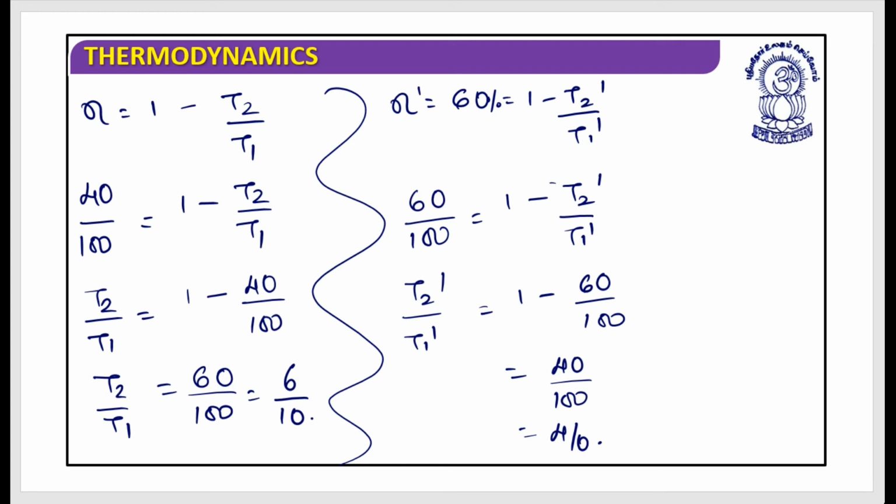So T2 dash divided by T1 dash is 4 by 10.